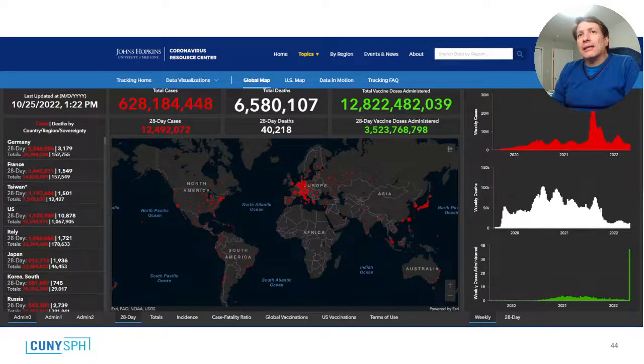Interesting here, there is an apparent inconsistency. If you see, we start with total cases and we follow with 28 days. And if you look here, it's inverted. The total is below and the 28 days is on top. This can induce errors in the interpretation of the data.